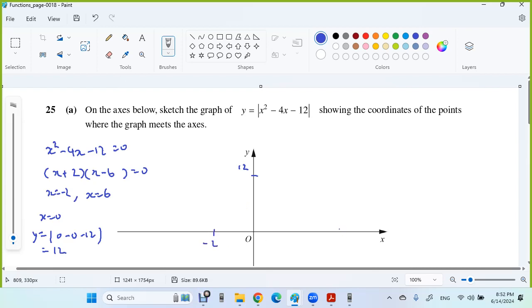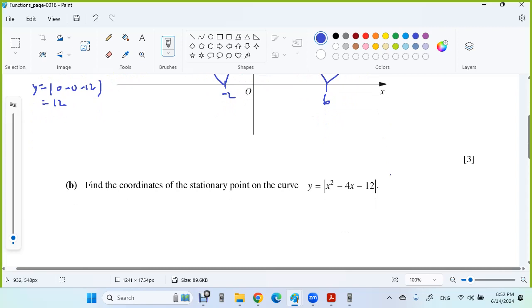Okay, so negative 2 and 6 are somewhere here. So we will have this one, and then this, and this is 12, and this is 6. Okay, so find the coordinates of the stationary point of the curve.